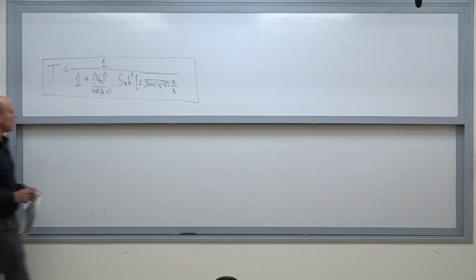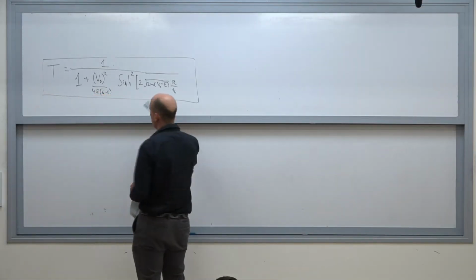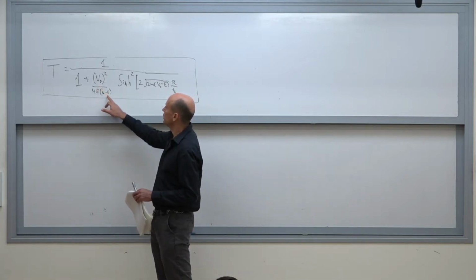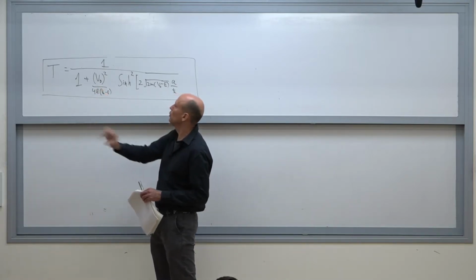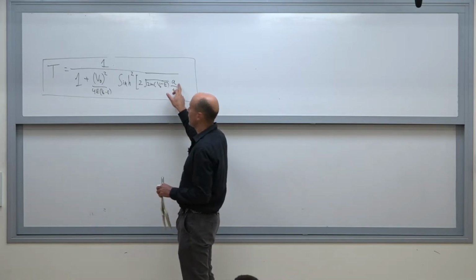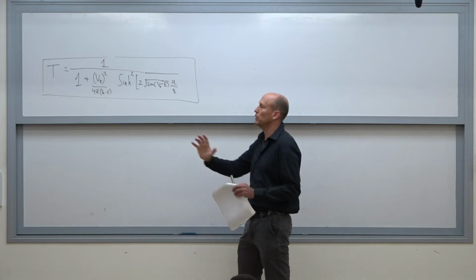Okay, so let us summarize the properties of this equation that gives you the transmission probability in terms of the height of the potential, in terms of the energy that you insert into the incoming wave, of course the mass and the width A of the potential field.